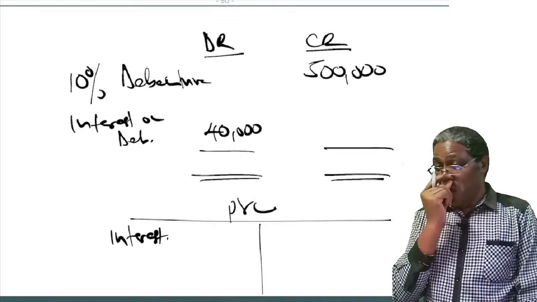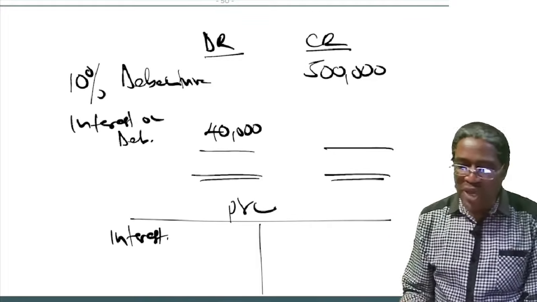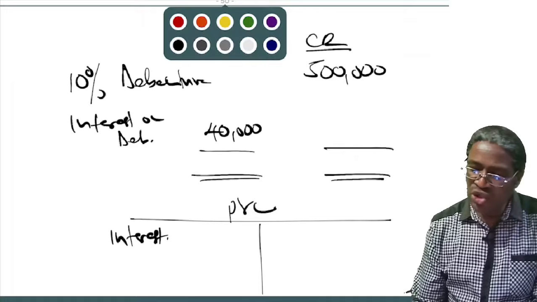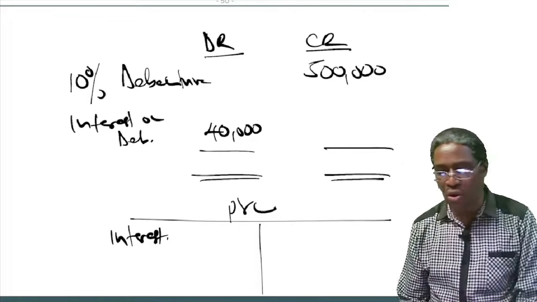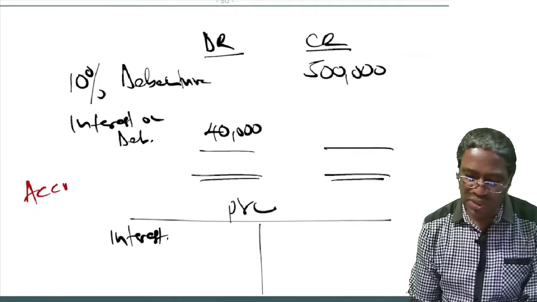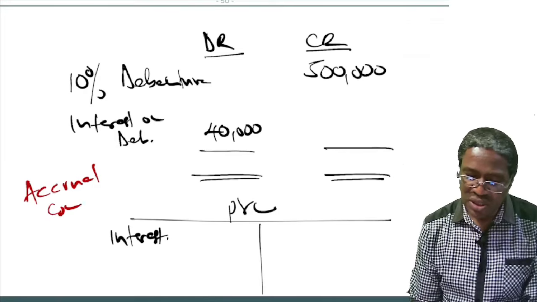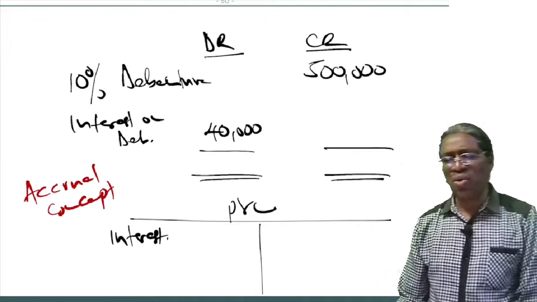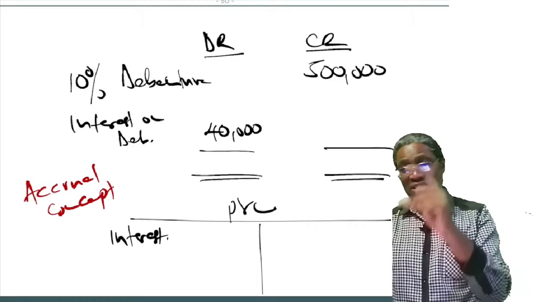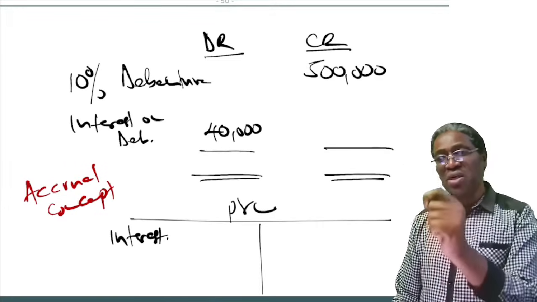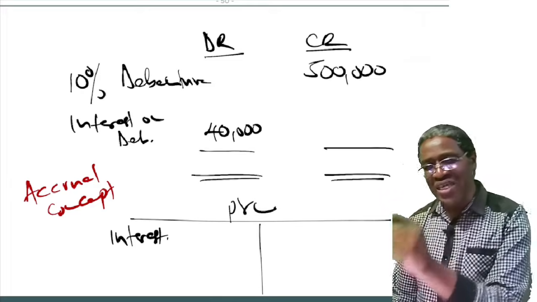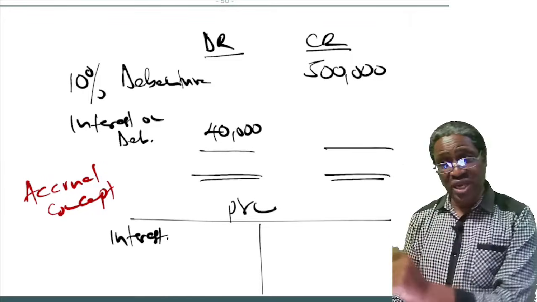Now, when you are required to prepare a P&L account, you as a company will normally follow a concept we call the accrual concept. You all know what that accrual concept states. It states that costs should be recognized when they are incurred, but not when they are paid.